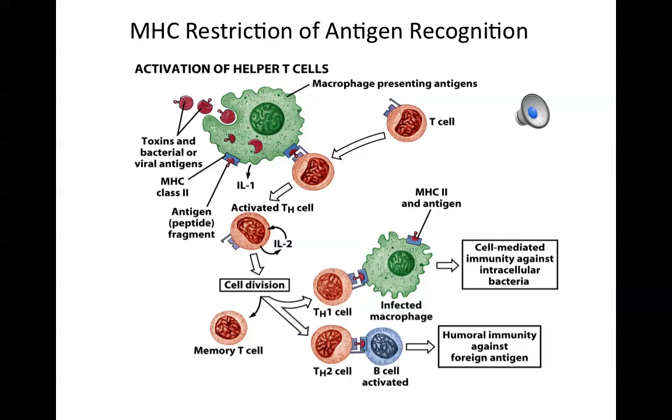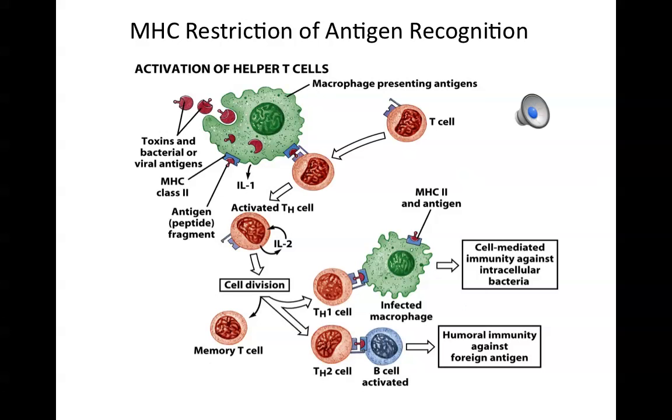We have a similar type of antigen presentation that we've described before, where we have bits and pieces of toxins, bacteria, or viruses that are packaged in self-markers that then come in direct contact with the CD4 positive T cell to activate that cell and initiate through cytokines and interleukins further differentiation into those Th1 or Th2 subsets.